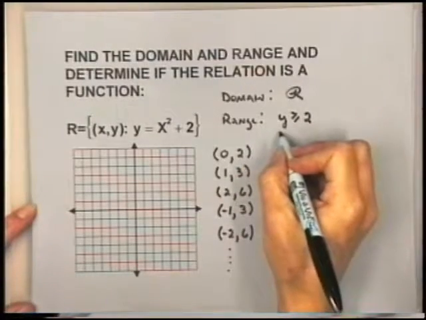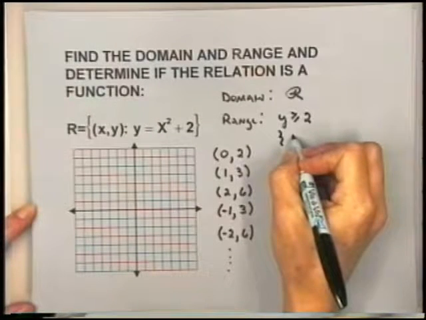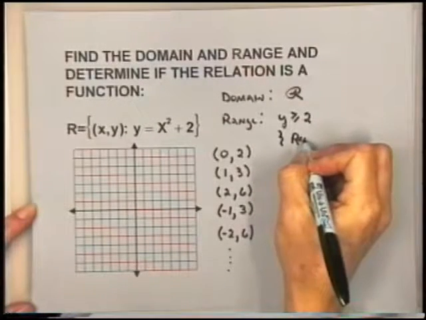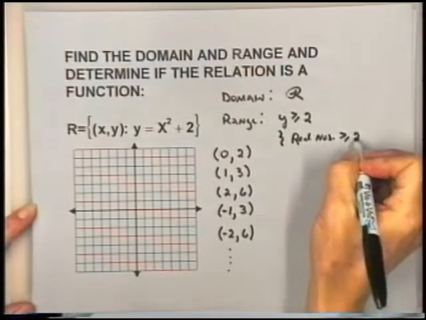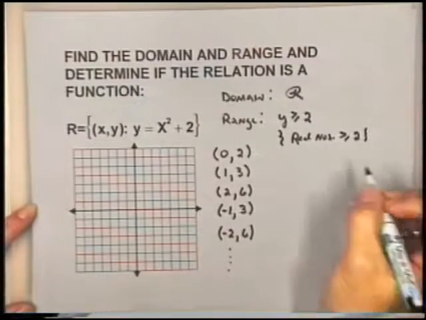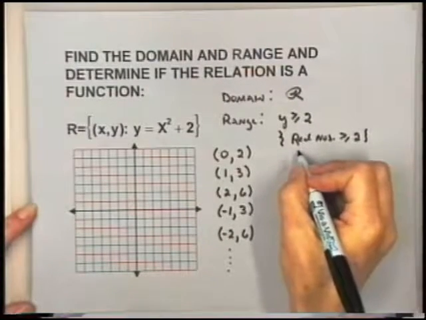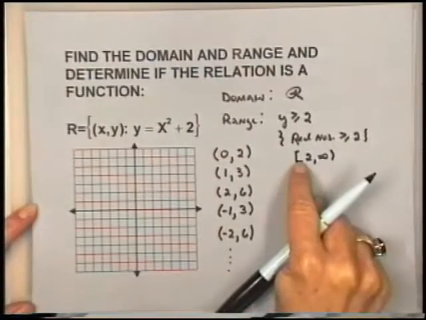Now, if we want to write our range as a set, we may say the set of numbers, what? Real numbers greater than or equal to 2. We could also name this range in interval notation like this.